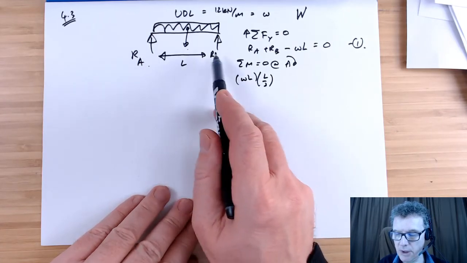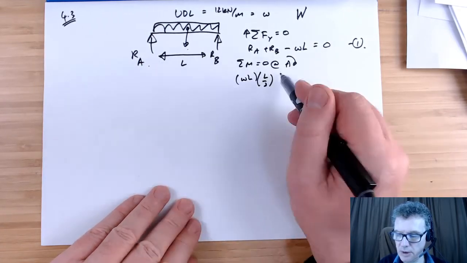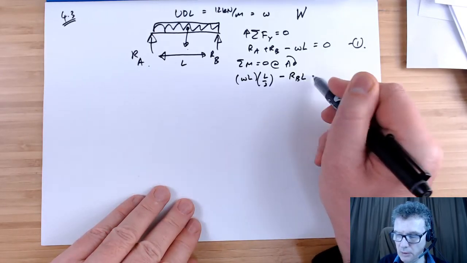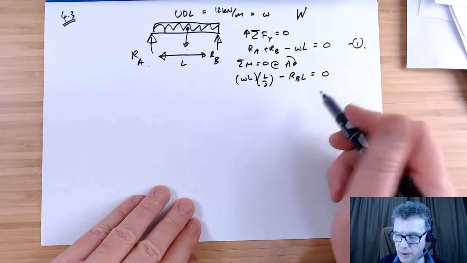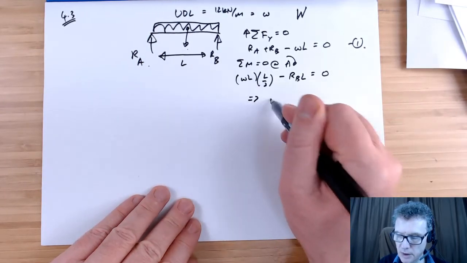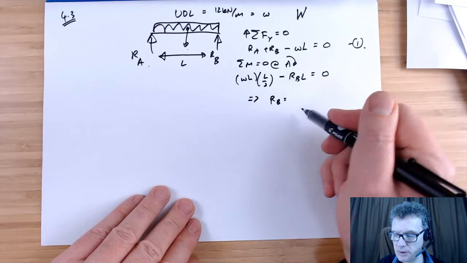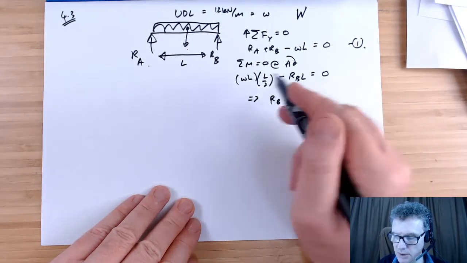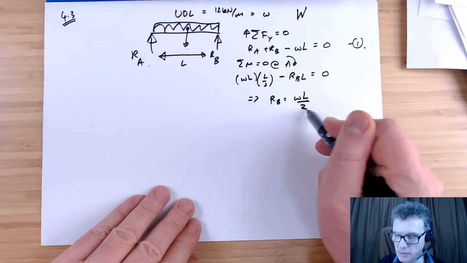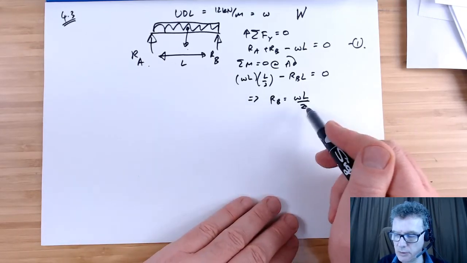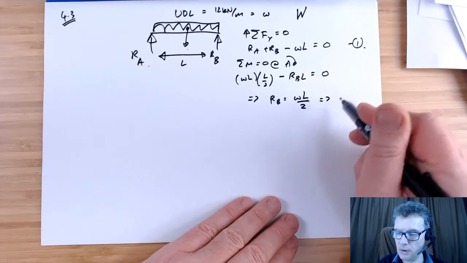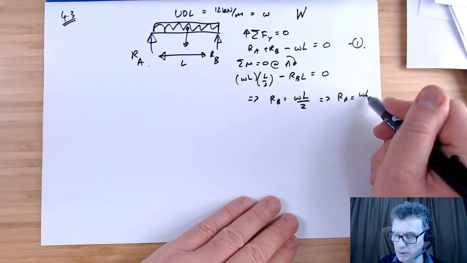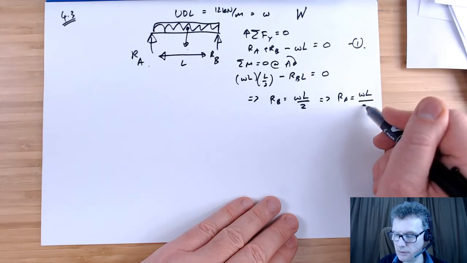This one here will be negative from here to here, so we've got minus RB L equals 0. So therefore we can see that RB equals little w times big L, you see my L's cancel, divided by 2. I could have done it all by symmetry. Therefore RA, go back to equation 1, is going to be little w times L divided by 2.